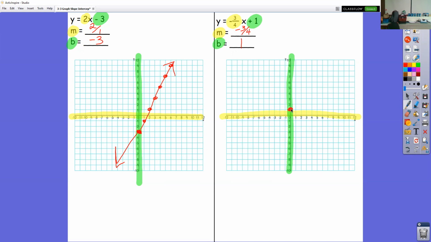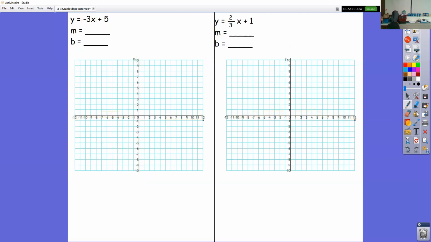So this means that we're going to go down 3 and 4 to the right. And once you have your points, you draw your line. And again, that's graphing your points based on your equation.